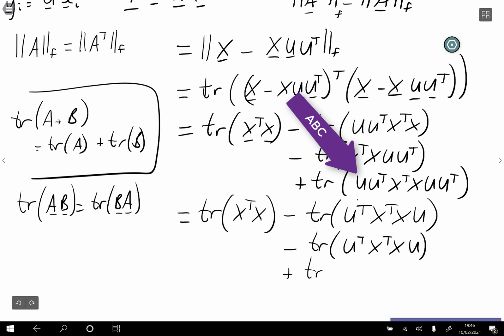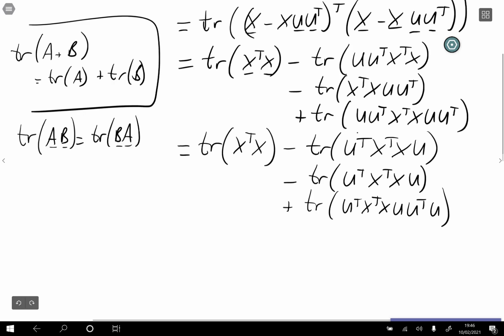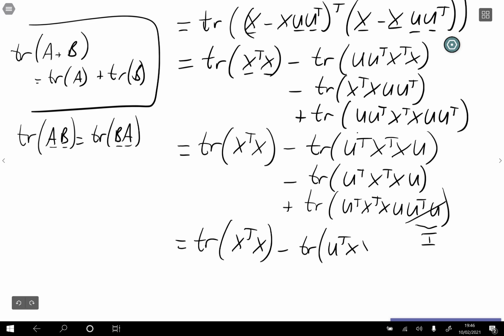So this is plus the trace of U transposed X transposed X U, U transposed U. So this is the trace of X transposed X. Now, these two terms are the same, so we've got two of them, and in here, this U transposed U is going to cancel, it's the identity matrix. So we get left with minus the trace of U transposed X transposed X U.